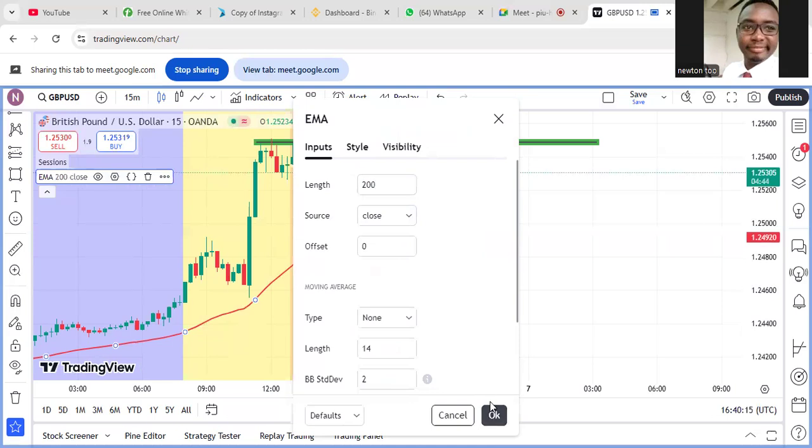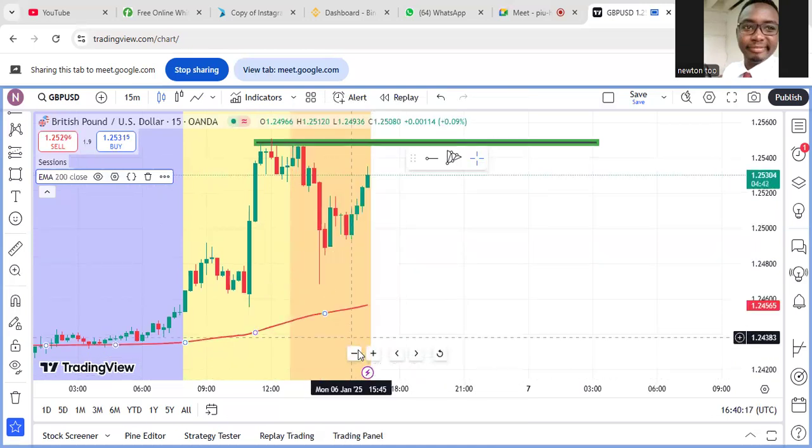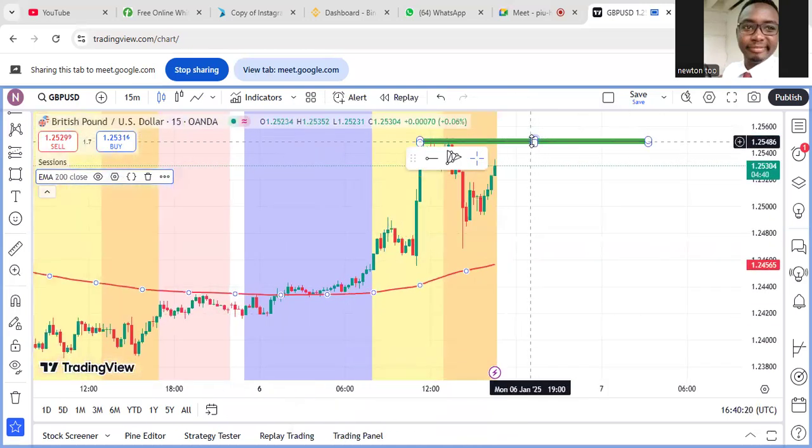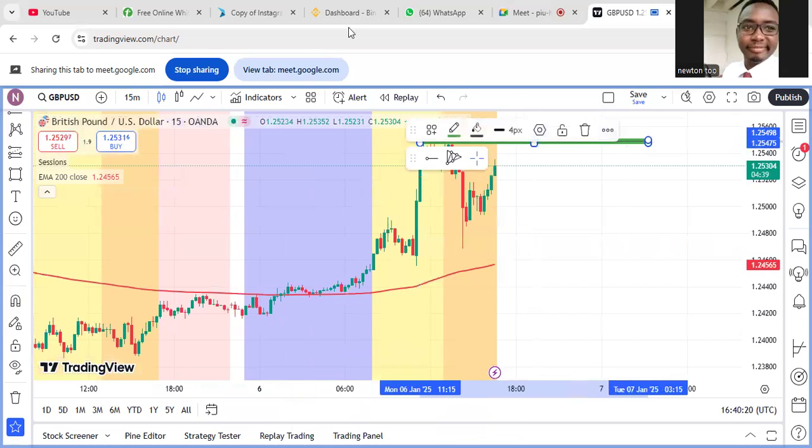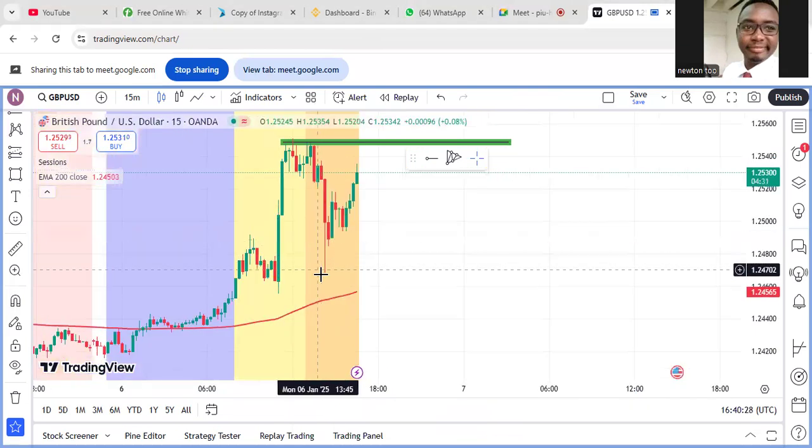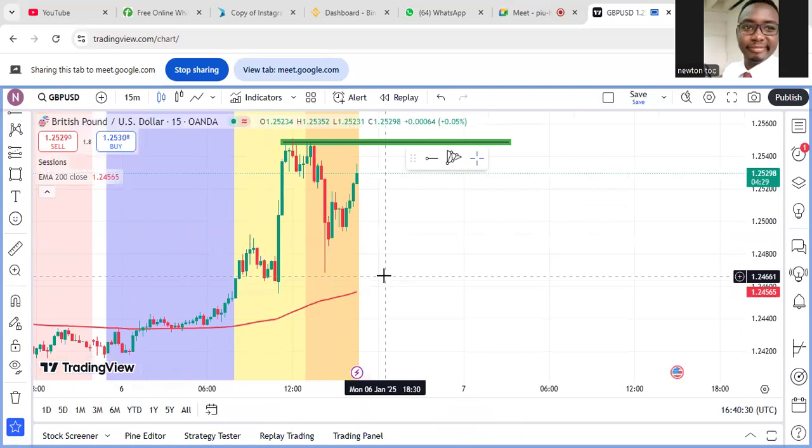You can see the market didn't touch the 200 moving average. It was only the 50 EMA that gave us a signal today.